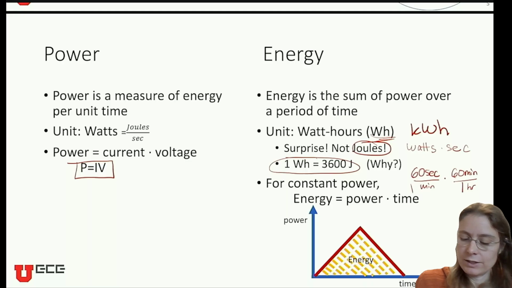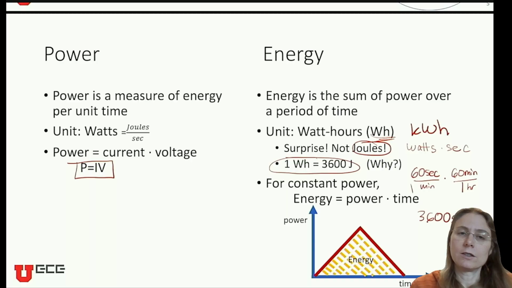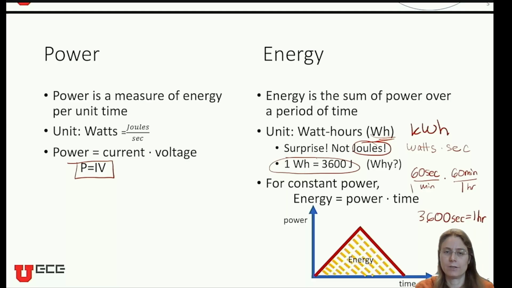So that means 60 times 60 is 6 times 6 is 36, and then both those zeros are along for the ride. So that means there's 3,600 seconds in 1 hour. So that's why that's the conversion factor. 3,600 seconds is 1 hour.